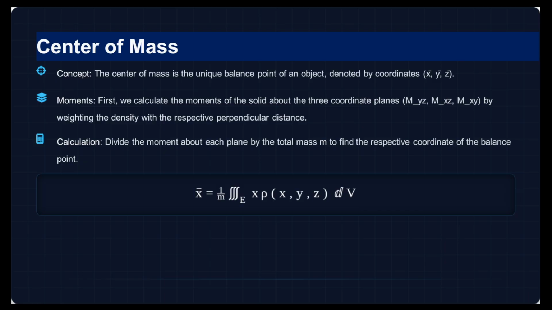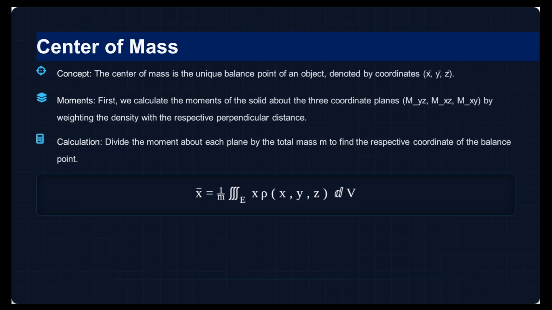Now to find the center of mass, first we calculate something called moments, which tell us how the mass is distributed around the coordinate planes. There are three moments, that is M_yz, which is the moment about the yz plane, and M_xz, which is the moment about the xz plane.